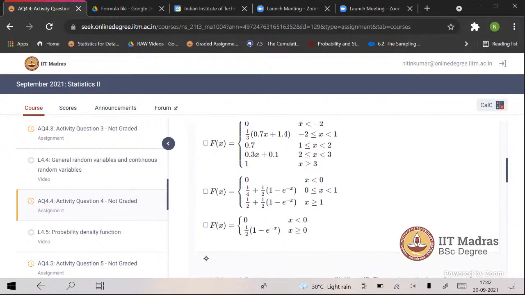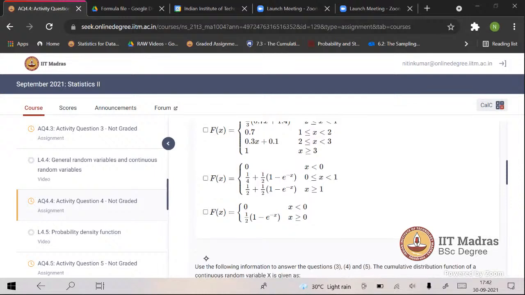Now look at the fourth option. Is the fourth option a CDF of a continuous random variable or not? No, sir, because at 0 it jumps. At 0 it jumps.